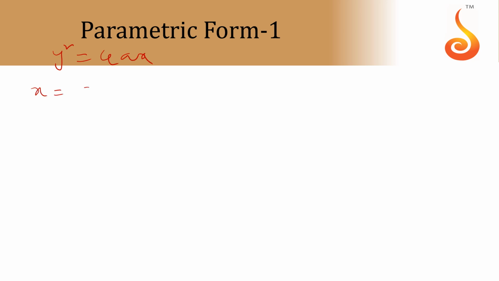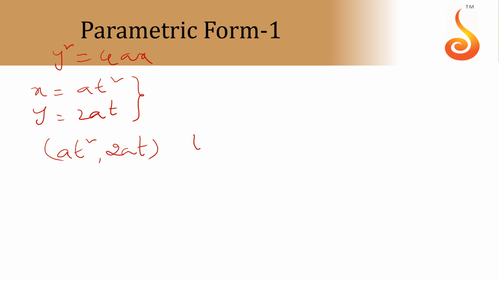I can take x equals at square, y equal to 2at as the parametric equations for the standard parabola. This point at square comma 2at, where t belongs to real numbers, we call simply point t. The locus of this point will be the parabola y square equals 4ax.